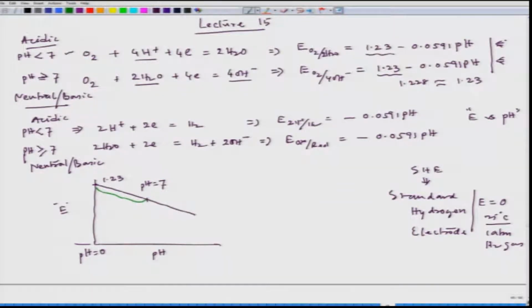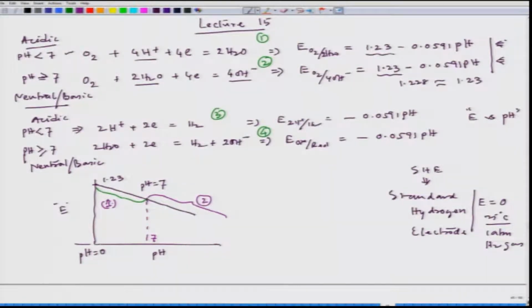If we consider this to be 1, this 2, this 3 and this 4, this is the first one because the pH is 7, and the second one starts from here and then it continues. So, this is 7. This is the first reaction, this is the second reaction.